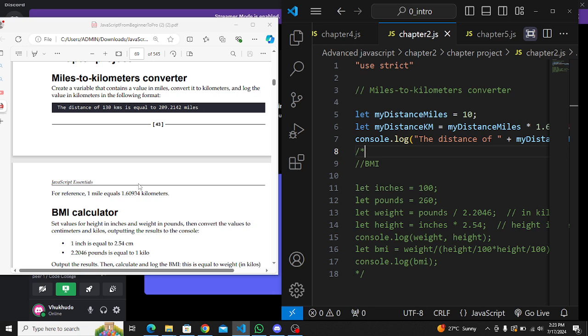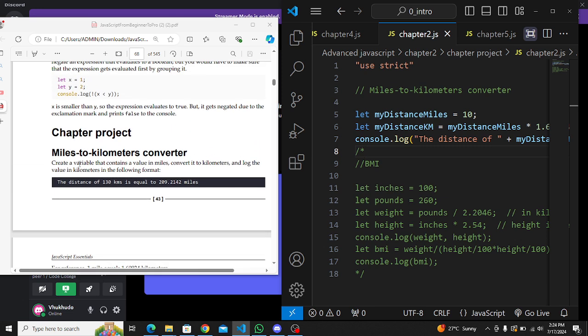And then they said for reference, when we're calculating all these things, we need to remember that 1 mile is equal to 1.60934 kilometers. So let's start step by step.